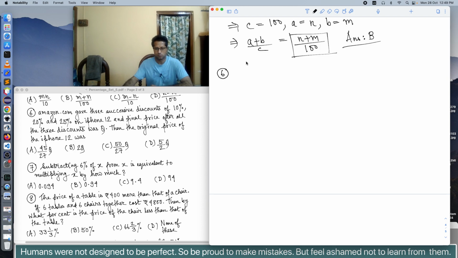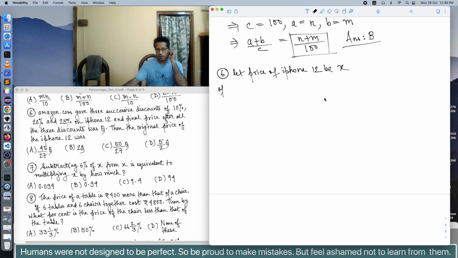Okay. So the standard way is to assume let the price of iPhone 12 be X. Now remember the three successive discounts of 10%, 20% and 25% are like this.